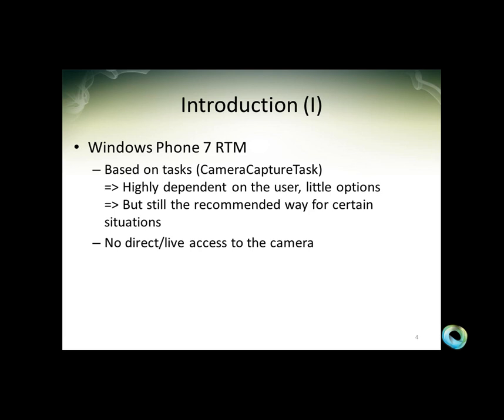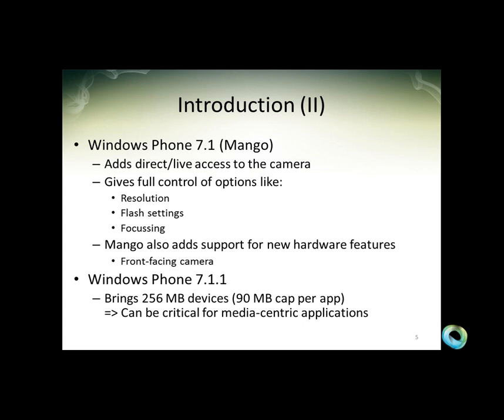Windows Phone RTM had no direct or live access to the camera. And that, of course, is what has changed in Windows Phone 7.1, where this live access had been added, and this gives you full control of a great variety of options like the resolution, the flash settings, focusing the camera, focusing on particular points the camera is looking at, and taking photos and thumbnail pictures of what is seen through the camera.